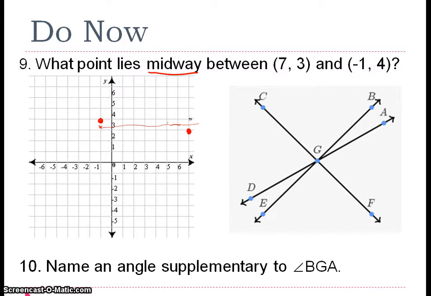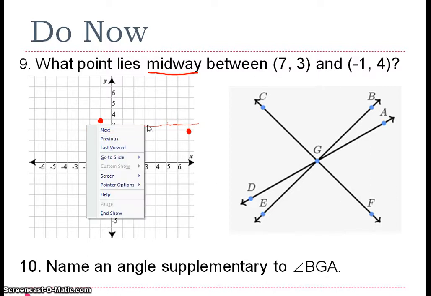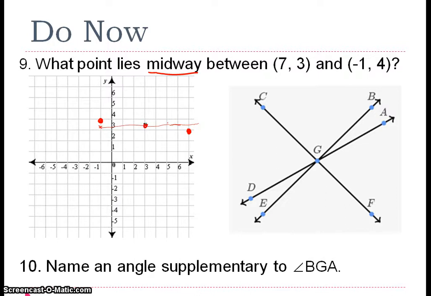And half of that is 4. So 1, 2, 3, 4. So this is the midpoint right here. Right? So that's the point over 3, up 1, 2, 3 and a half. So we got the same answer either way. 3.5 is what you should have gotten for question number 9.